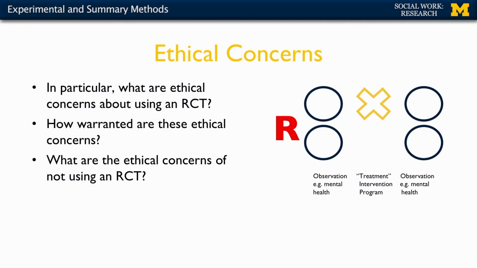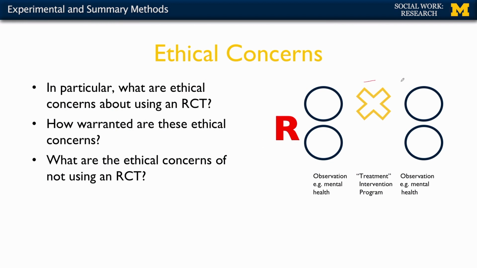There are sometimes some ethical concerns about using randomization, conducting what we would call an RCT or a randomized clinical trial. We worry about randomly giving a treatment to some individuals and randomly denying perhaps a treatment to other individuals. I want to discuss how warranted these ethical concerns are.